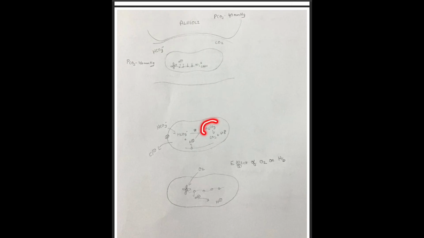This carbonic acid now will be converted into carbon dioxide and water with the help of carbonic anhydrase enzyme. So in such a way, this is how the RBC will get the carbon dioxide, and the level of carbon dioxide inside RBC is maintained.